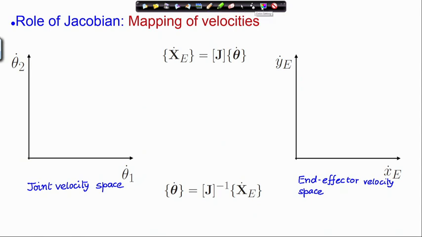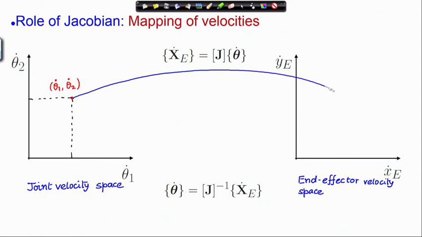So, given a point corresponding to theta 1 dot, theta 2 dot, so given a point in the joint velocity space, we have this mapping, which we call the forward velocity relation.